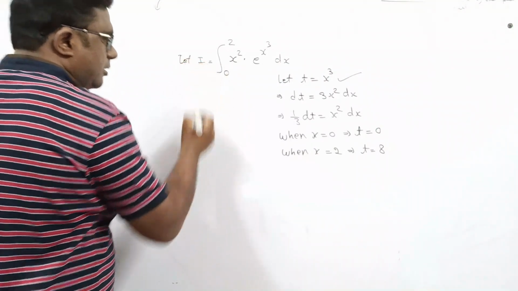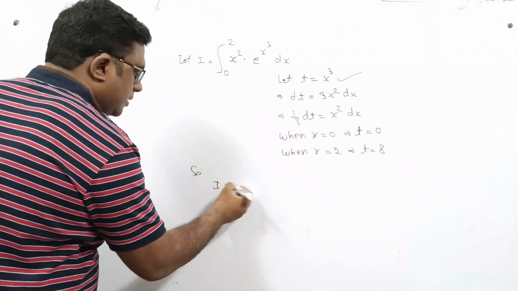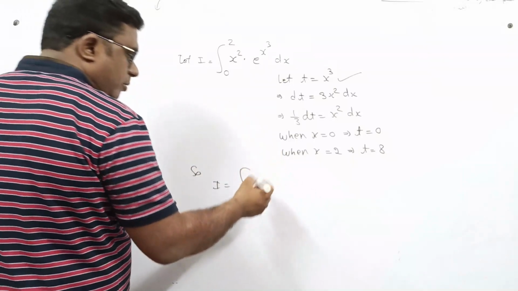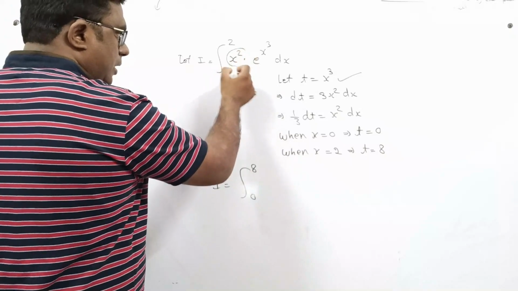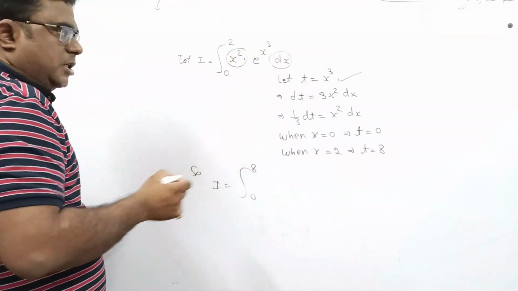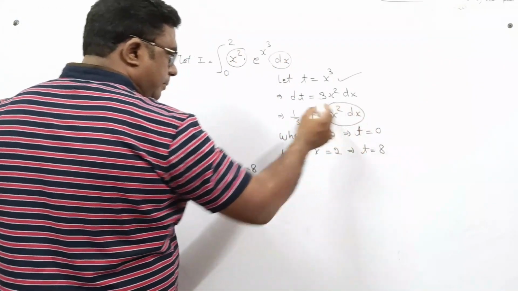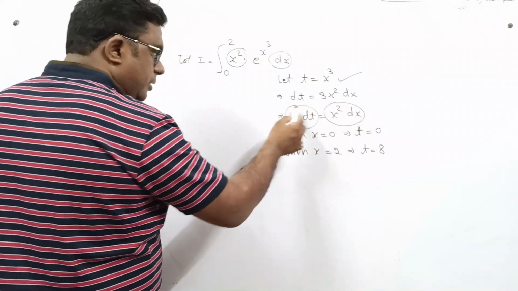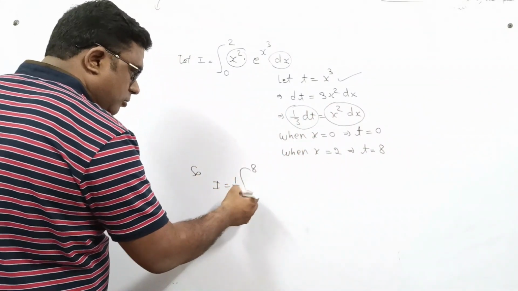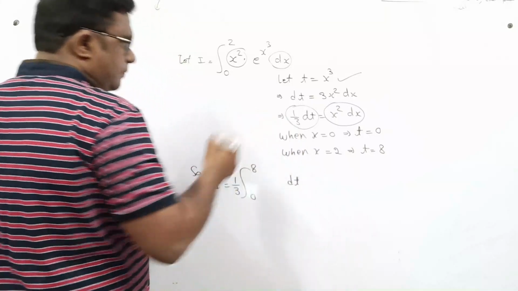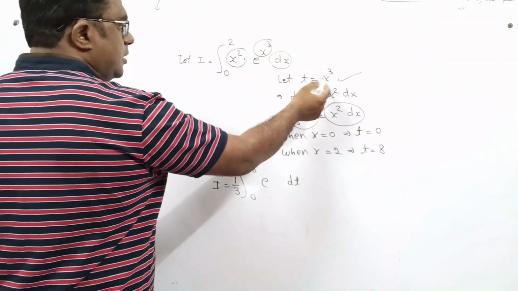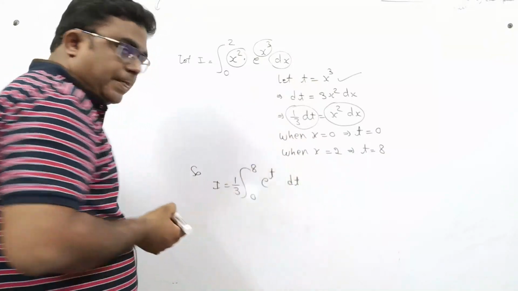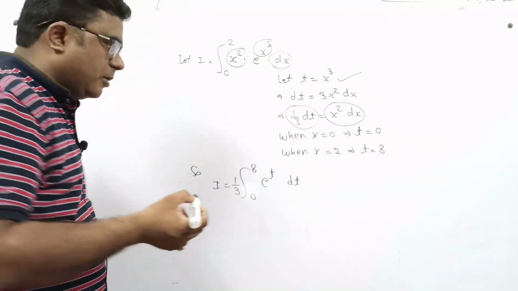So our question becomes the integral with new limits 0 to 8, and x square dx will be replaced by 1 upon 3 dt. So 1 upon 3 will go outside and dt will go at last. E stays as it is, and x cube has been taken as t, so e power t. Now what is the integration of e power t?